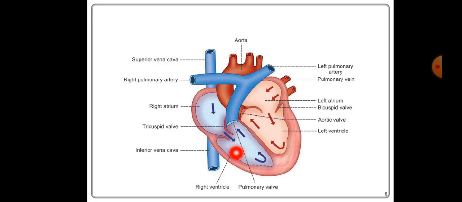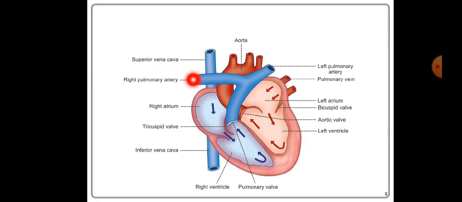It is less muscular because it does not need to pump blood a longer distance. It only pumps blood to the lungs for the purpose of oxygenation. So at this point, blood is pumped to the lungs through the pulmonary artery. So the pulmonary artery branches.